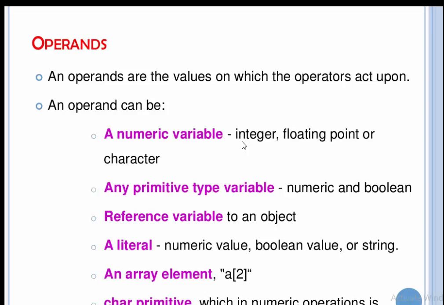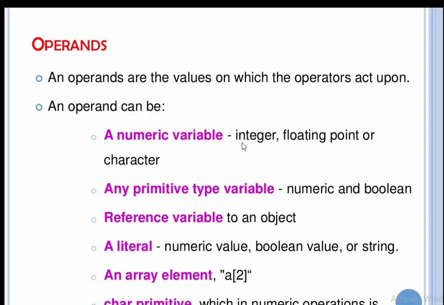To evaluate an expression, it must consist of operators and operands. Operands are the values on which the operator operates or acts.